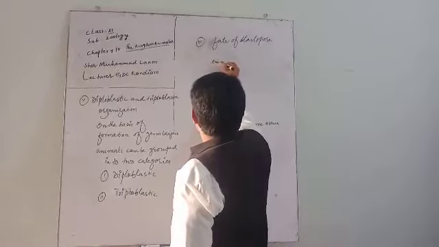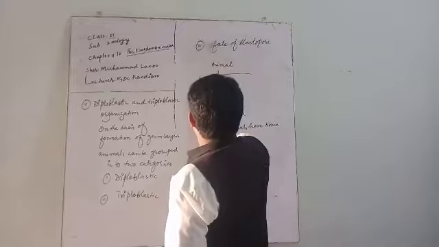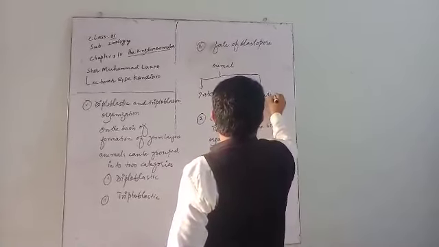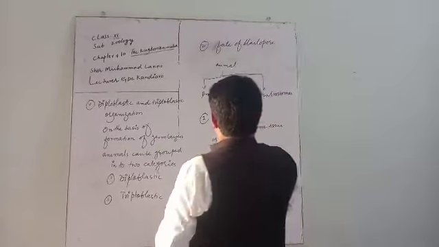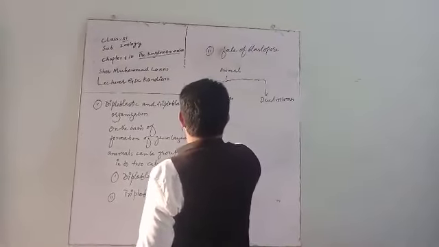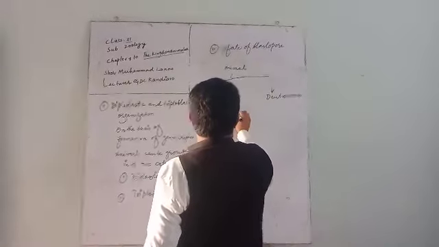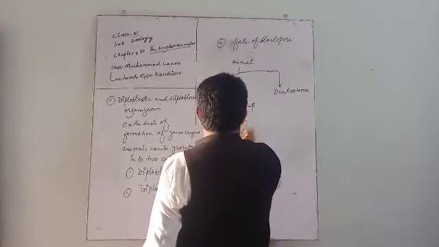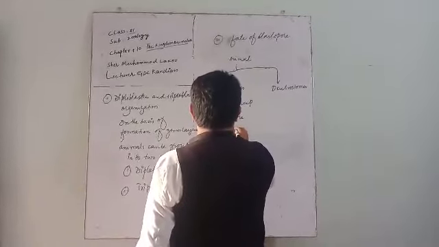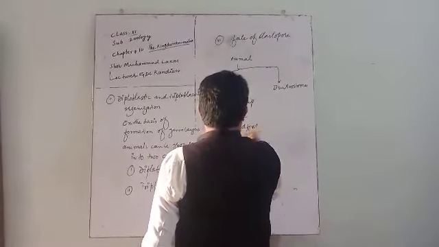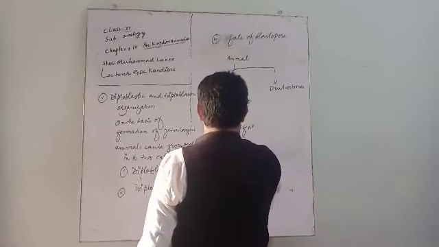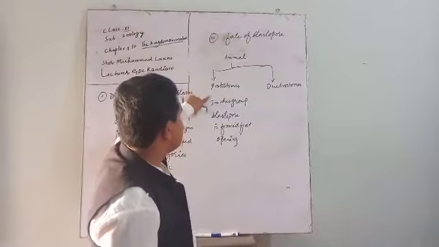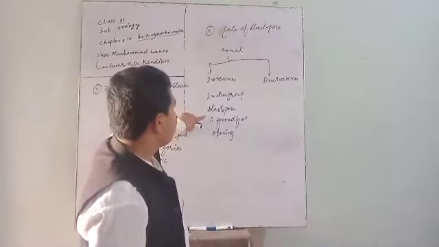Animals: protostomes and deuterostomes. In the group protostomes, the blastopore is formed as the first opening, meaning the blastopore becomes the mouth.